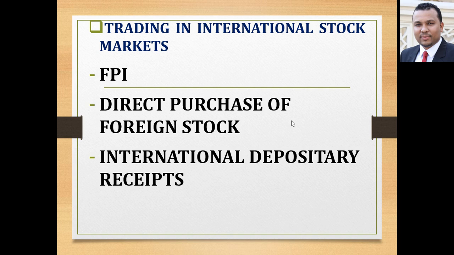So, we have three levels for ADR. Level 1 ADRs cannot be used to raise capital and are only traded over the counter, OTC. Level 2 and 3 ADRs are listed on established stock exchanges, but only Level 3 ADRs can be used to raise capital. So we talk about three levels of American depository receipts.